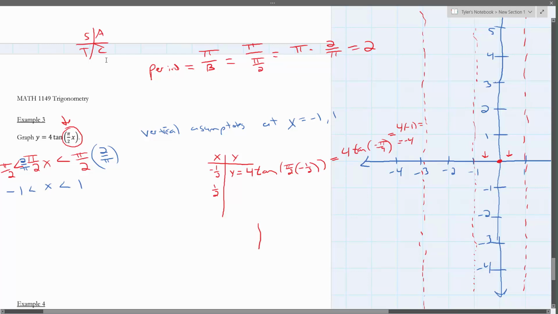Right, so maybe making this a little condensed. If I plug negative 1/2 in, we should get negative 4 as the output, right? So then now for a positive 1/2, we would have y equals 4 times tangent of pi over 2 times positive 1/2. This gives me 4 times tangent of pi over 4.